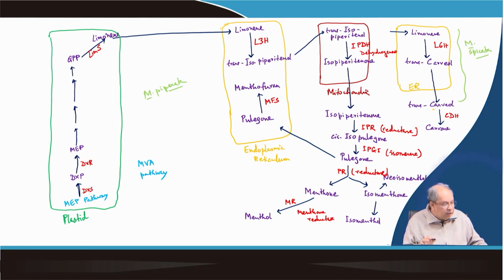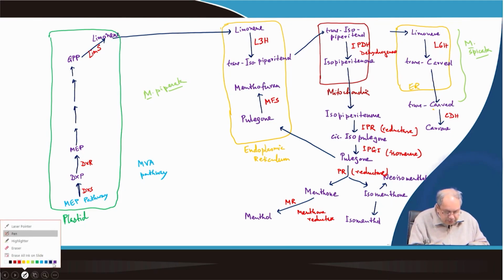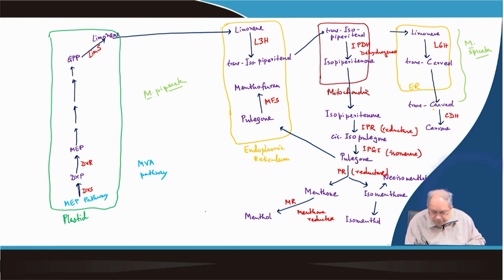So, this is basically in brief the pathway. Also, menthol can be converted into menthyl acetate as well.